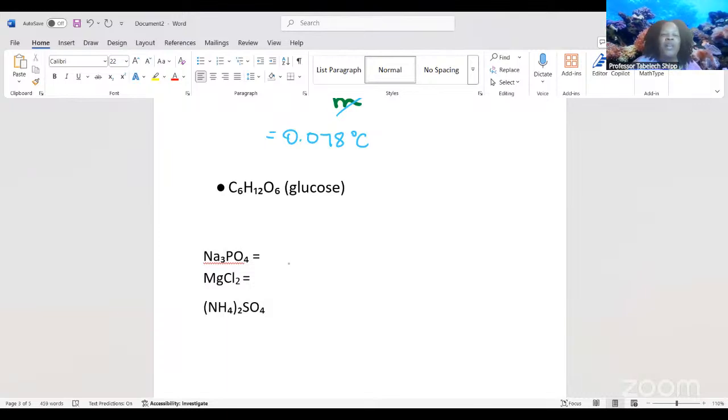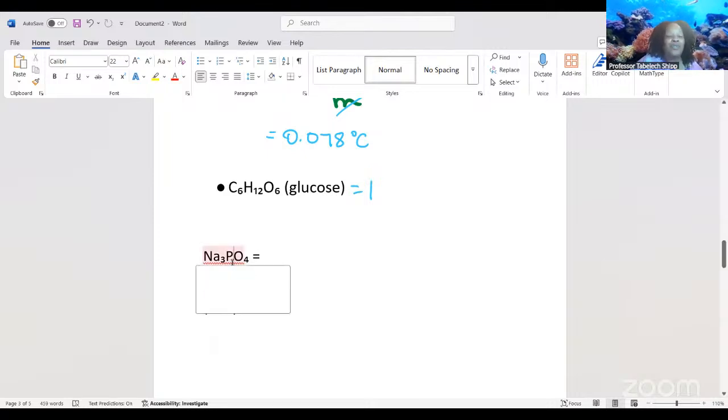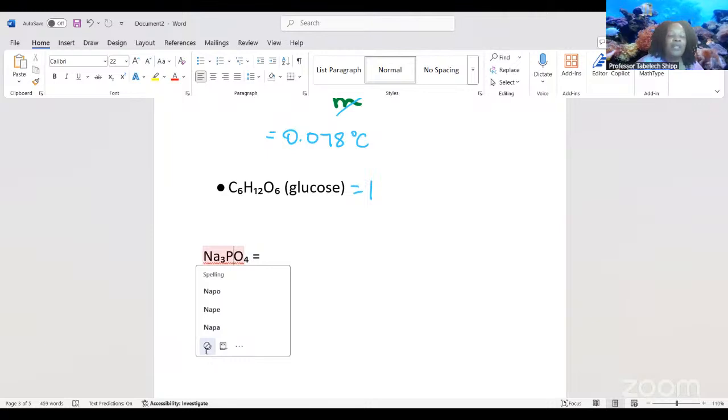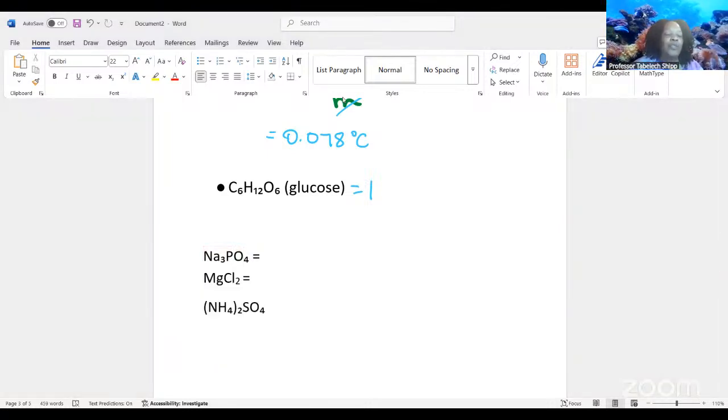So we know that the first one was equal to 1, okay? Because that was a non-electrolyte, all right? These other three here are electrolytes. FYI, I'm just going to tell you, these are electrolytes. So therefore, let's calculate these. You've got 3 sodium ions plus 1 unit of the phosphate ion.